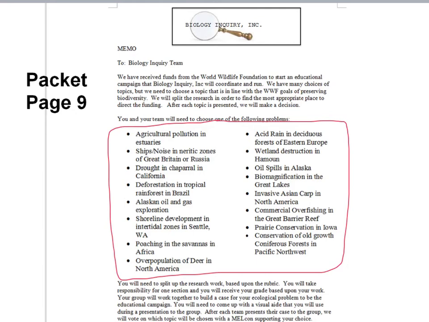Then what you're going to do for your first task is to pick one of the issues that is of interest to you guys. And then you're going to have to split up the research work after I talk about the rubric with you. The idea is that you're going to build a case for your problem to be the one that's the best, the one that's funded and most interesting. And we're going to have a vote at the end.